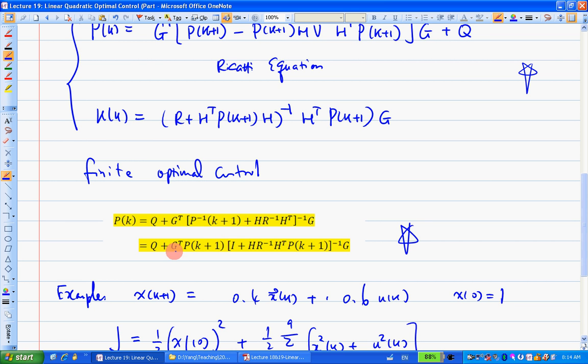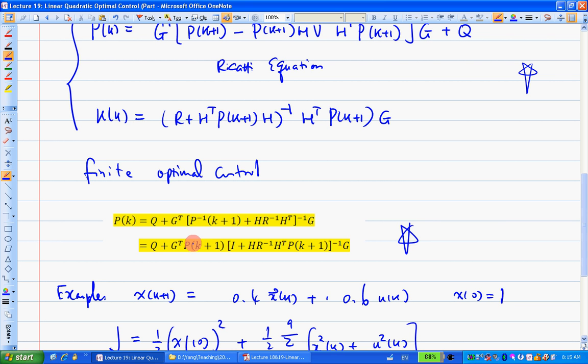So let's see, if I want to solve this P of k here, you have to start somewhere, right? Because Q, G, H, they are all known. So where should I start with this discrete Riccati equation? It is backward, which means if you give a k plus 1 here, you get a k.